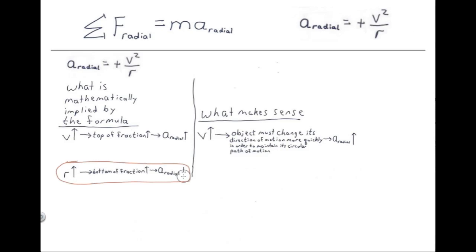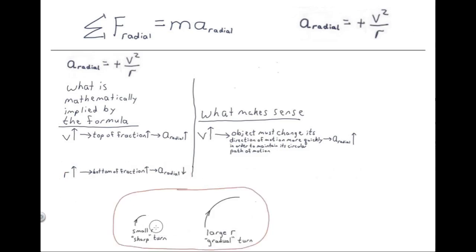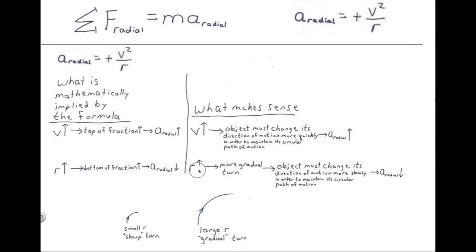How about this result? Does this result make sense? A circle with a small radius corresponds to what we would call a sharp turn. A circle with a large radius corresponds to what we would call a gradual turn. Increasing the radius corresponds to making the turn more gradual.